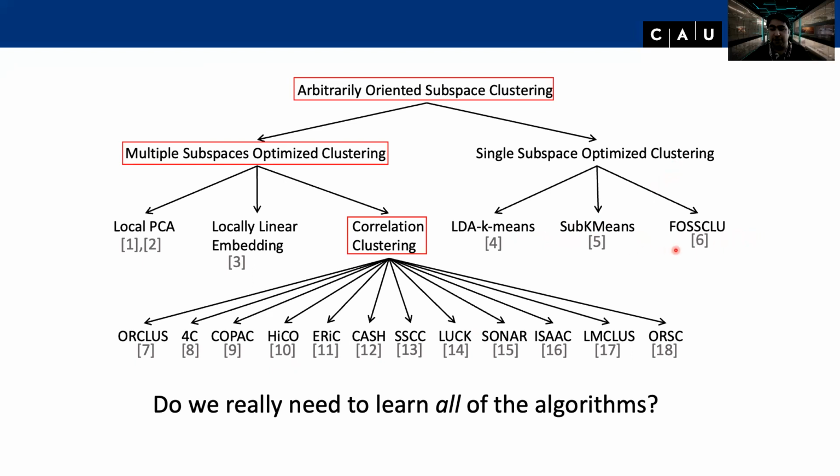So for instance, what something like FOSS-CLUE does is it tries to find this rotation or this subspace in such a way that it maximizes the separability. So the clusters that are detected are as separable from each other as possible.